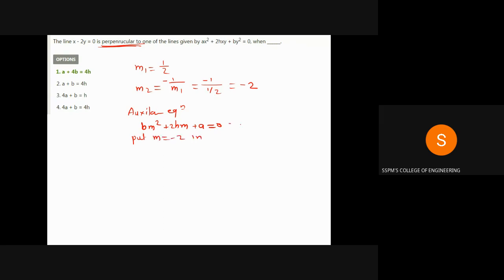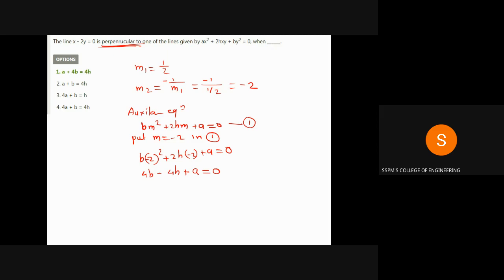So that is b times minus 2 square plus 2h times minus 2 plus a is equal to 0. So we will get 4b minus 4h plus a is equal to 0. So this will be our auxiliary equation.